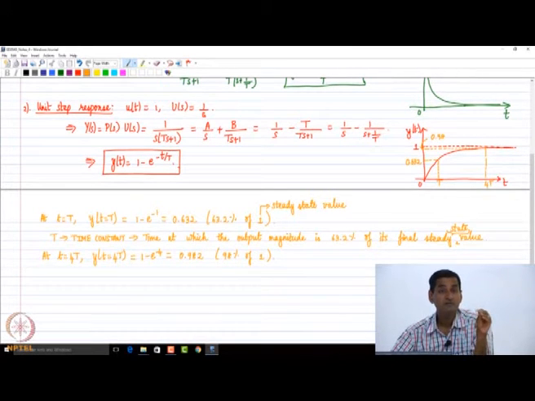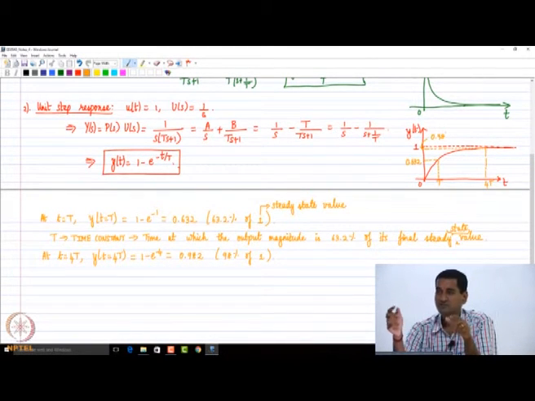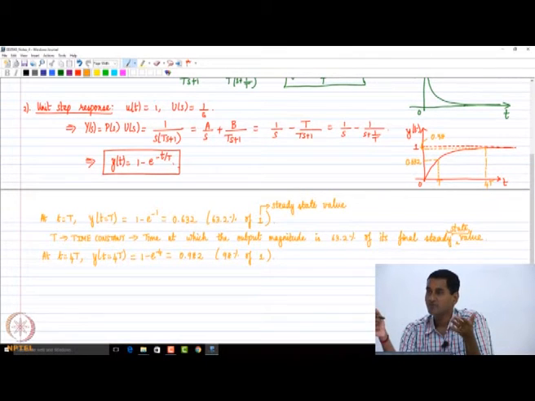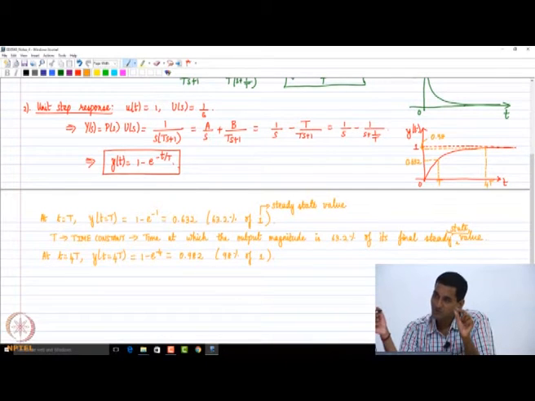And why is this important? Because if I want to evaluate how fast the system is, let's say there are 60 of us in this class, and we design 60 first order systems. All of us know that if we design stable first order systems, the output will go to the final value as t tends to infinity. But I need a finite number to compare 60 designs. So what we do is draw a band around the final value, typically plus or minus 2% by convention, or one could say plus or minus 5%.